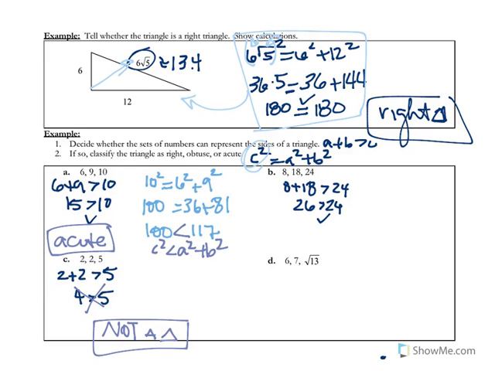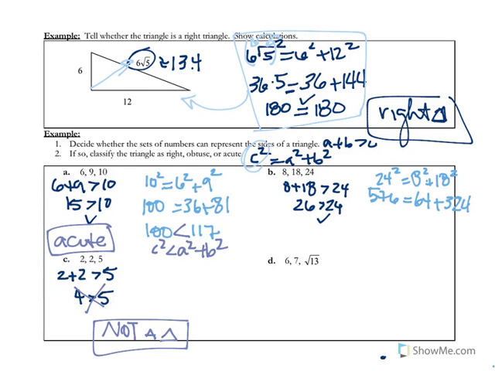Okay, so that means now we have to check and see if c squared is either equal to or greater than or less than a squared plus b squared. So I'll do 24 squared is equal to 8 squared plus 18 squared. 24 squared is 576. 8 squared is 64, and 18 squared is 324.